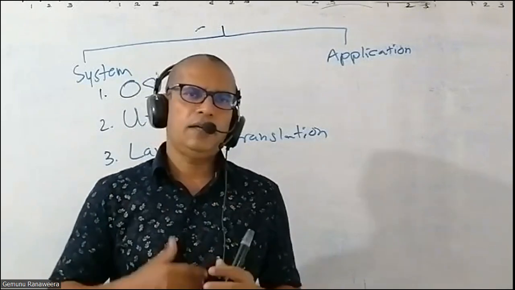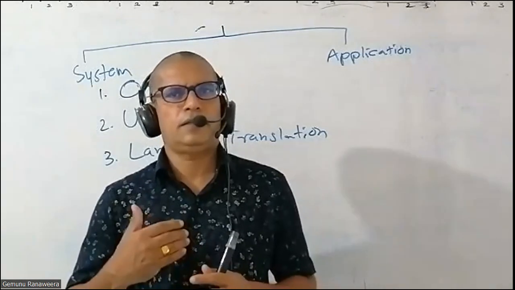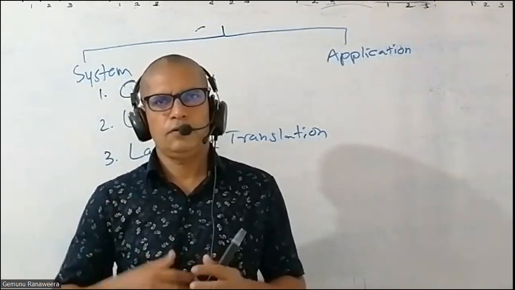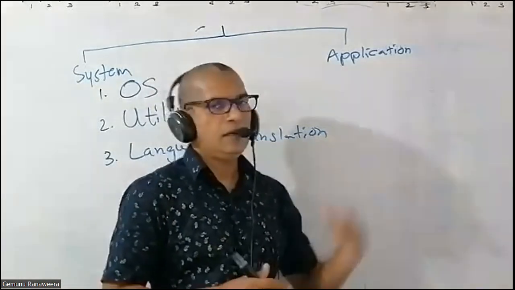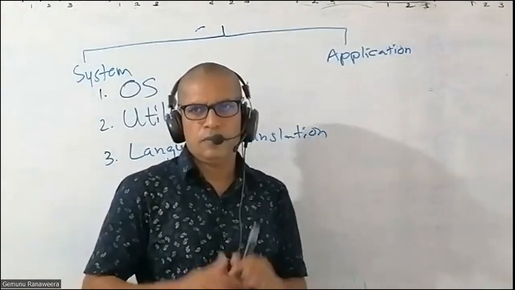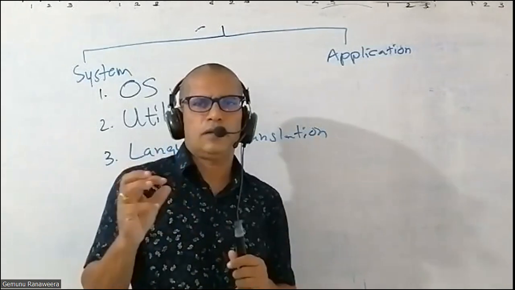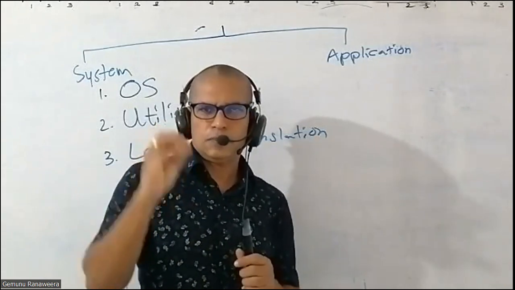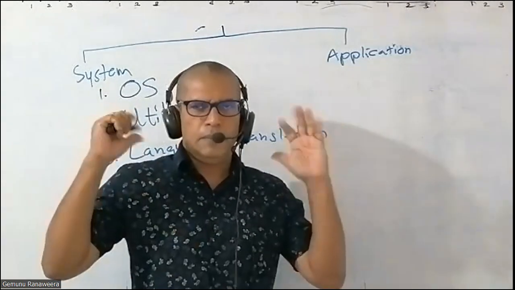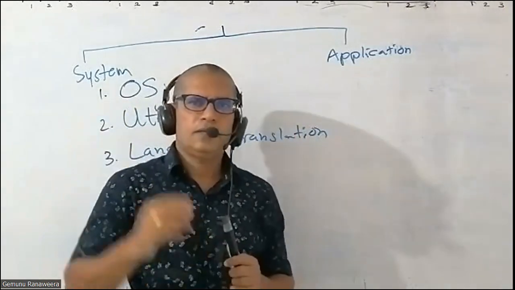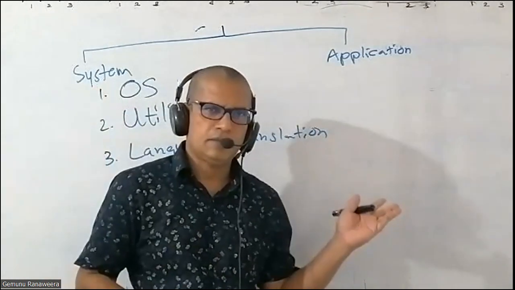And you may need to edit a photo, edit a video, or play a game. So all these are application programs. Because we use each program to get a particular or a specific task done, they are the application software. So the one basic category of software is the system software and the application software.